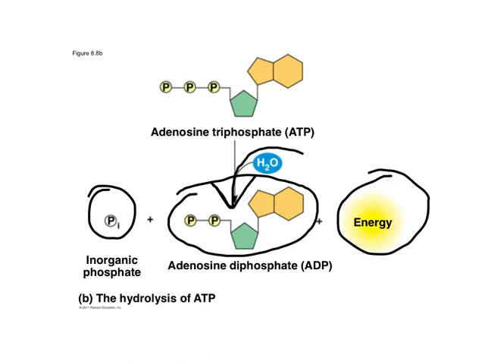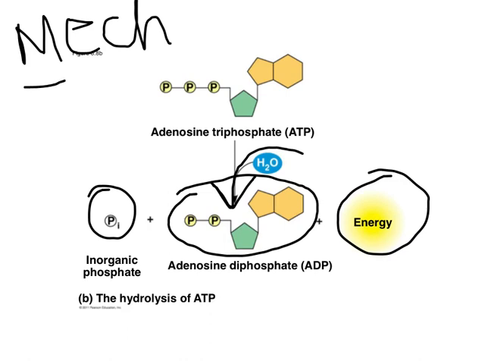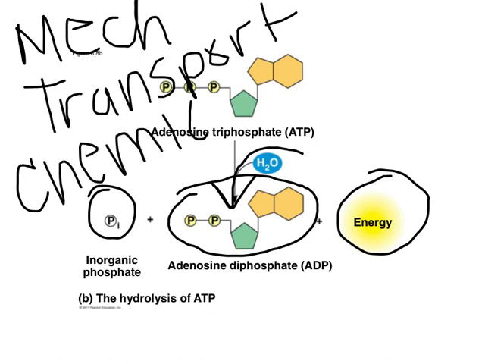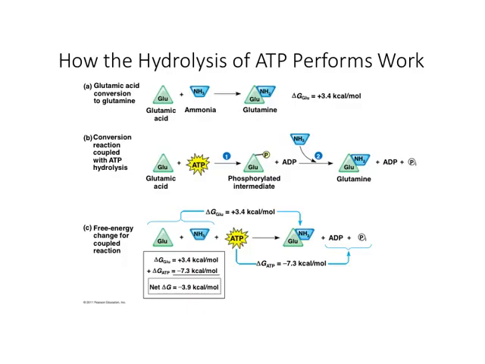And this energy source from ATP is going to be useful for mechanical work, such as movement, the contracting and constricting of muscles. It's also going to be used for transport, so transporting molecules across the cell membrane. And it'll be useful for chemical reactions as well. And we'll see an example of a chemical reaction on the next slide.